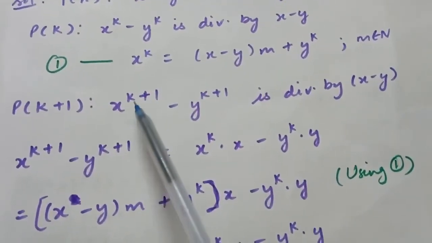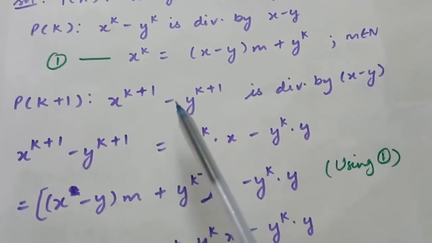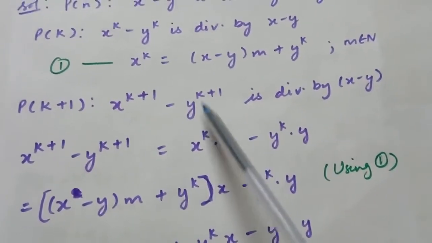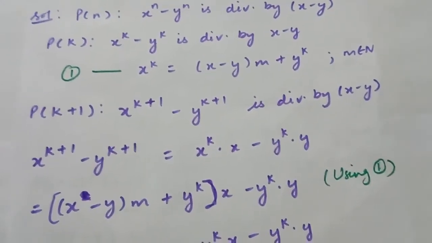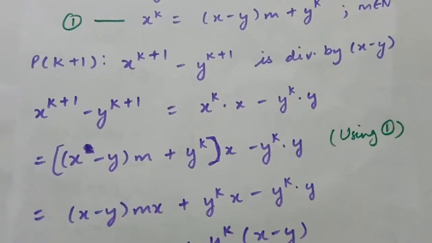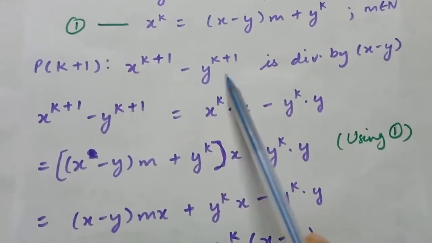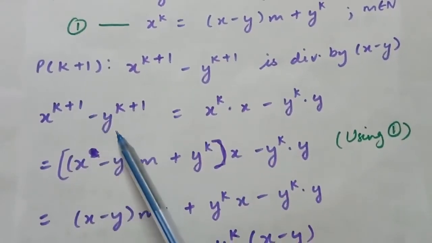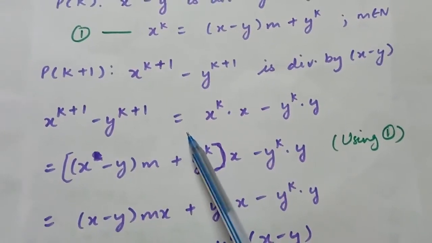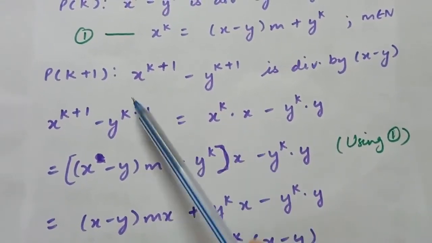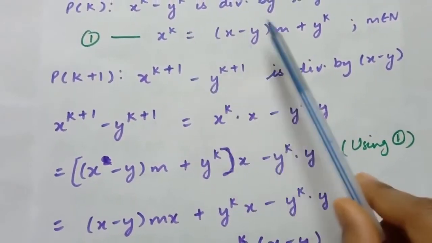So x raised to the power k plus 1 minus y raised to the power k plus 1 is divisible by x minus y. So now taking this x raised to the power k plus 1 minus y raised to the power k plus 1 is equal to, now we know the value of x raised to the power k, right?